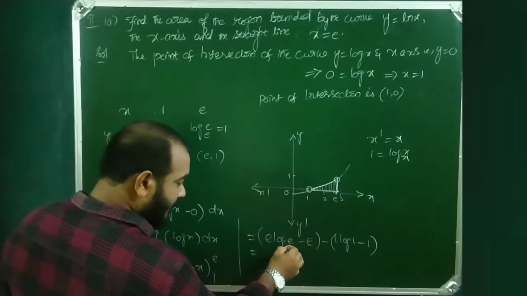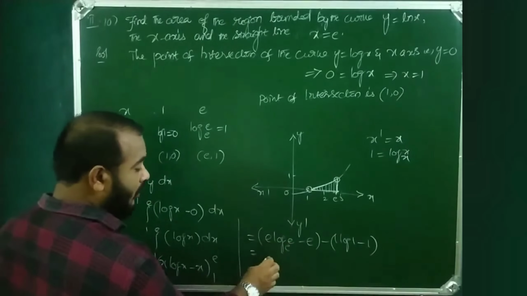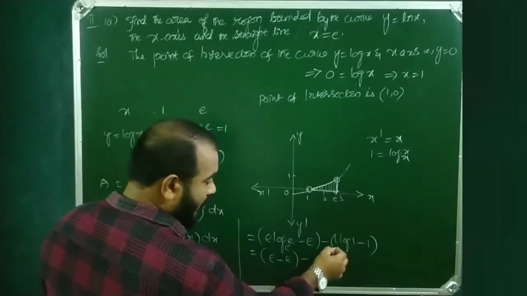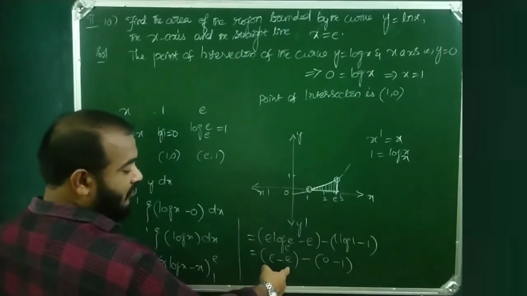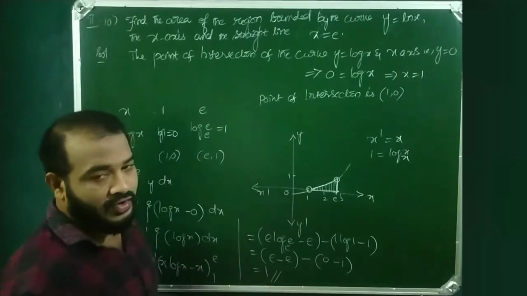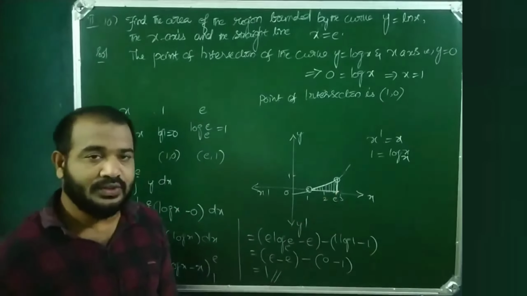E log e, log e to the base e is 1. E into 1 is e, minus e, minus log 1 value is 0, minus 1. So e minus e is 0, minus of minus is plus 1. Therefore, this is the area of the region bounded by log x, x-axis and x equals e.